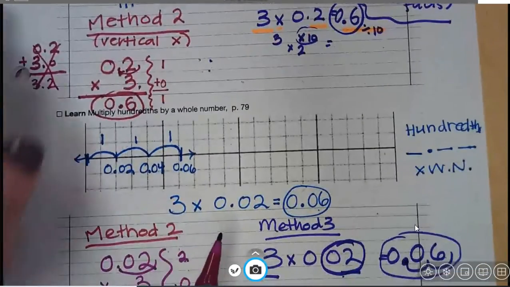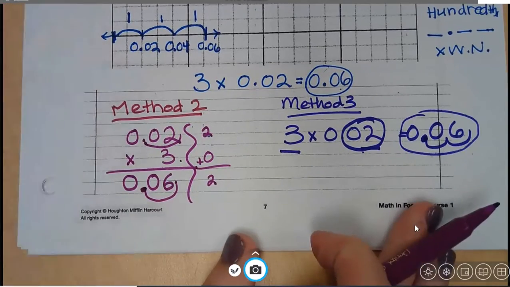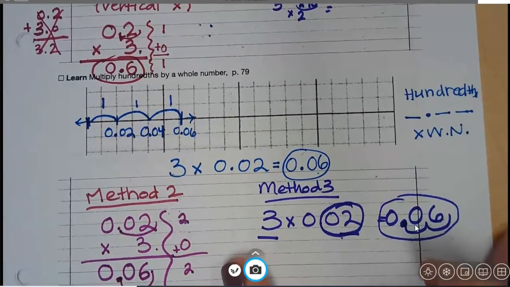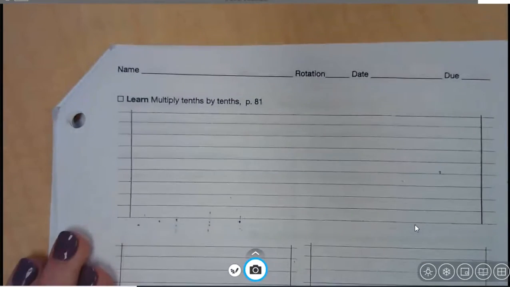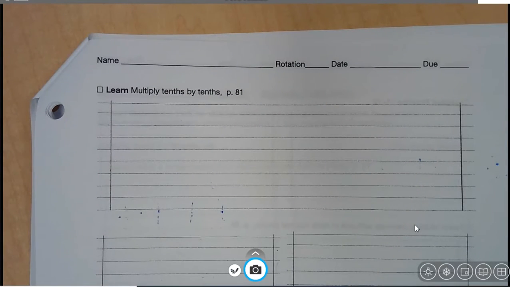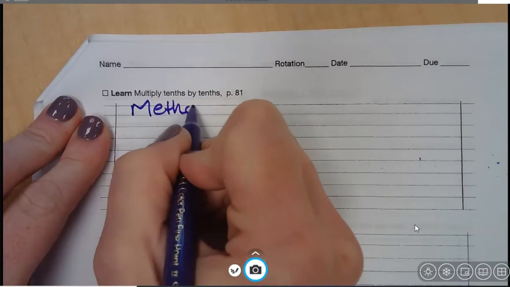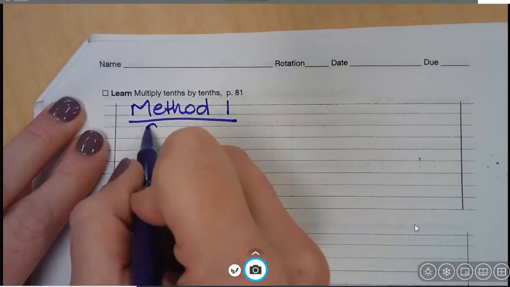I can also do this and I can multiply tenths by tenths. So I can think of this, my method number 1, would be thinking of it as a fraction. So if I had 3/10 times 2/10, visually I could see this as 3/10 times 2/10, and I would just multiply across.